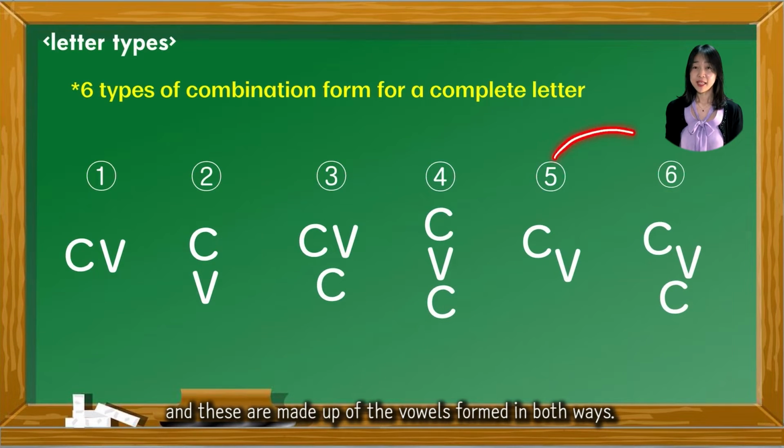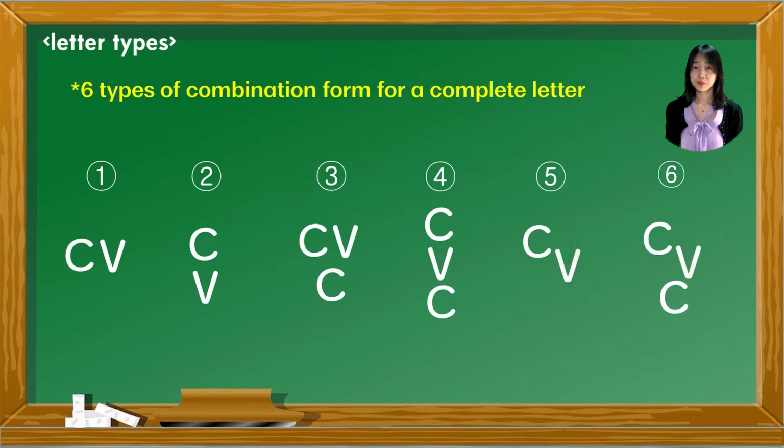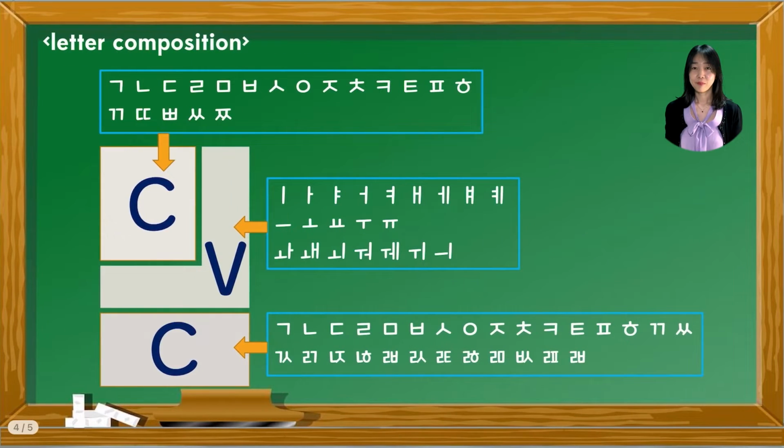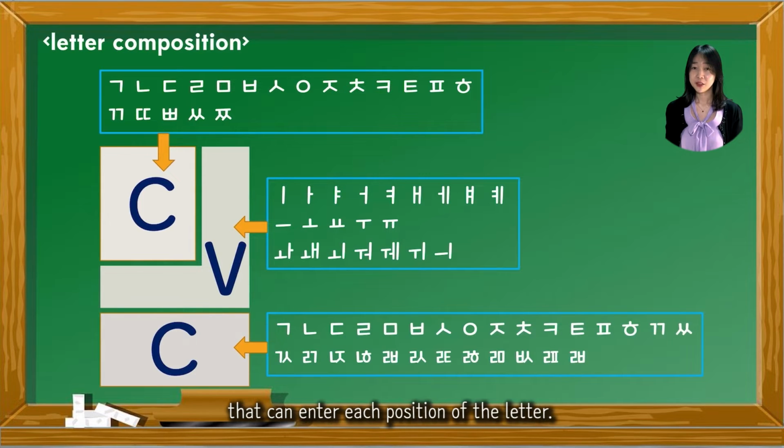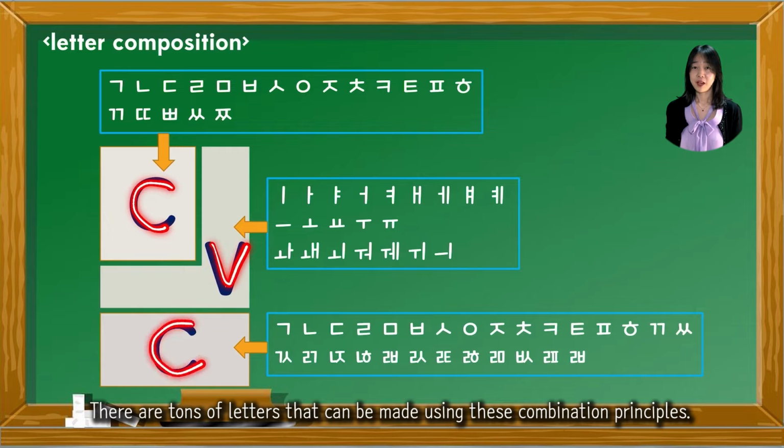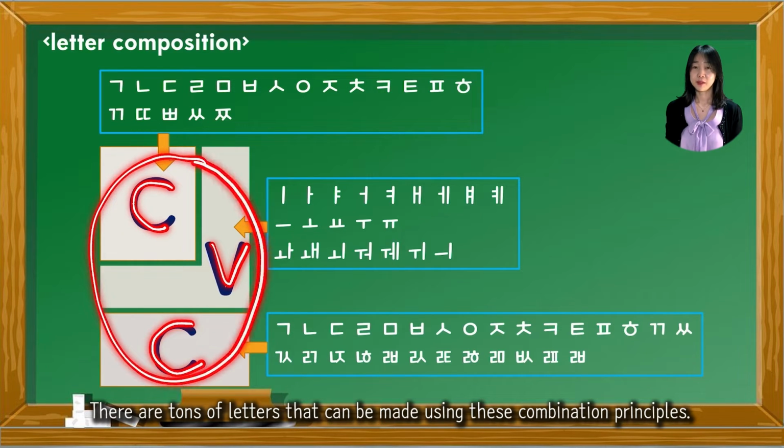And these are made up of the vowels formed in both ways. What you see here is a summary of the consonants and vowels that can enter each position of the letter. There are tons of letters that can be made using these combination principles.